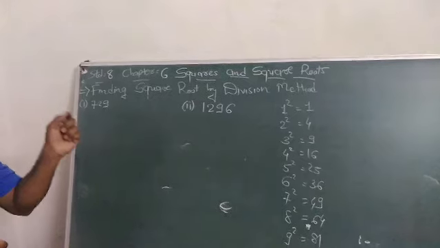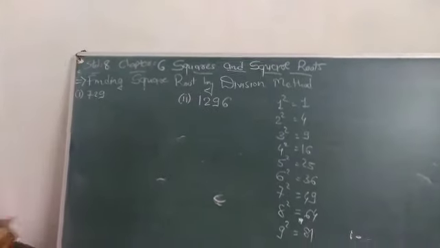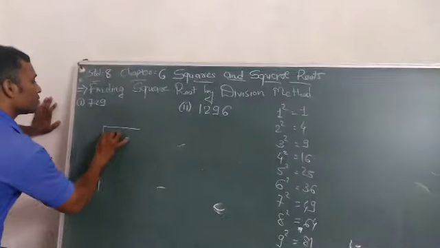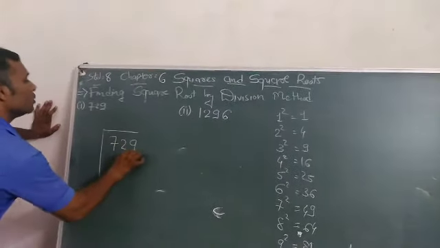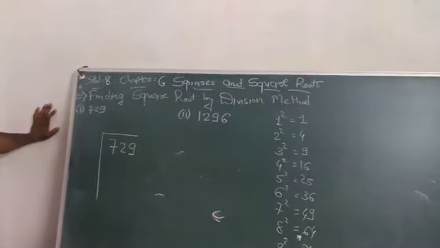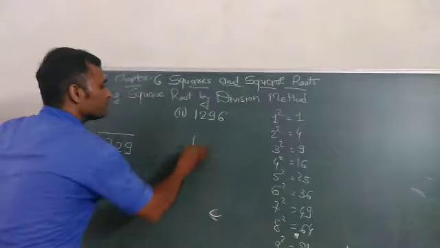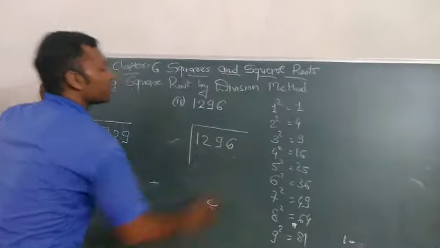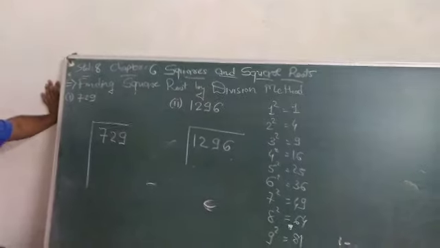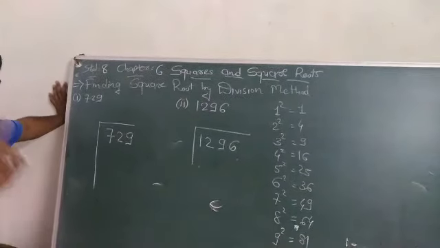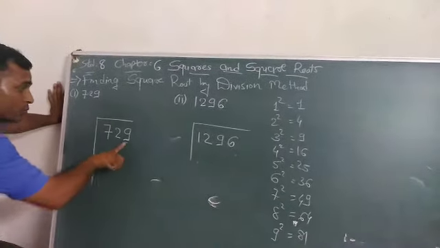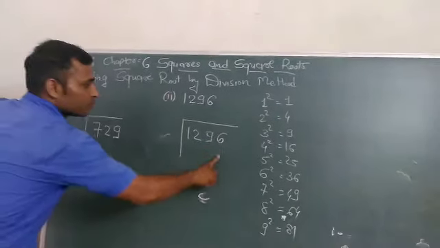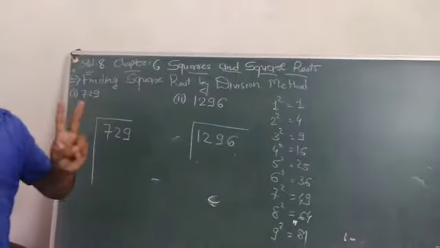Okay, step by step, always remember that. 729. Here we can also write 1296. Your first step is, from the unit place, make pairs of two digits.